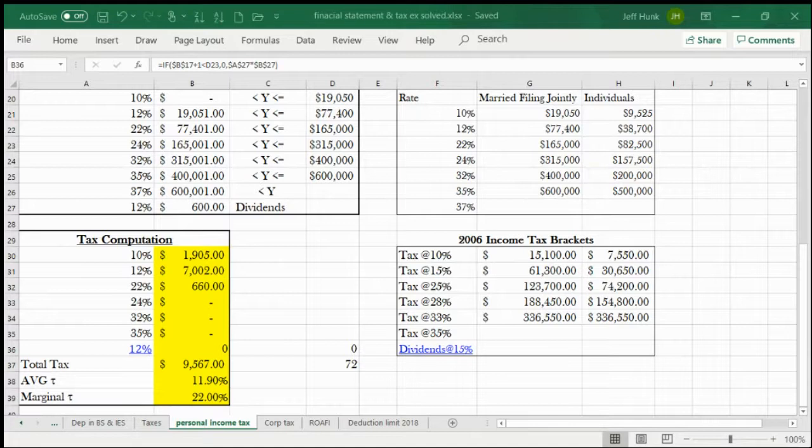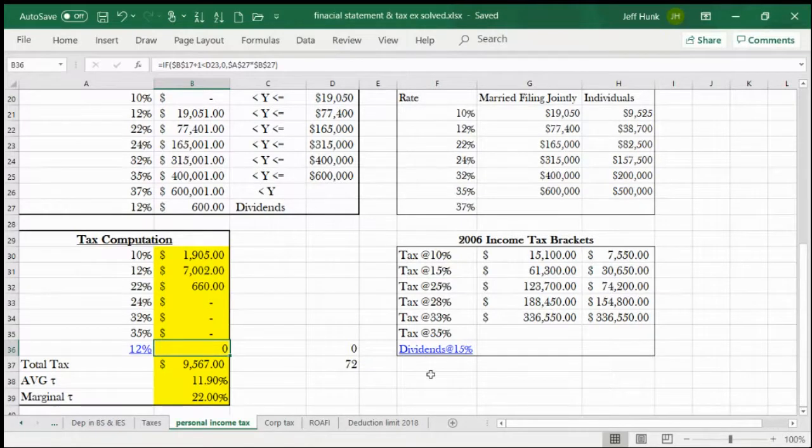So in our last video, we wrapped up pretty much everything about the earned income tax, and then we left off right before calculating the tax on the dividend income.